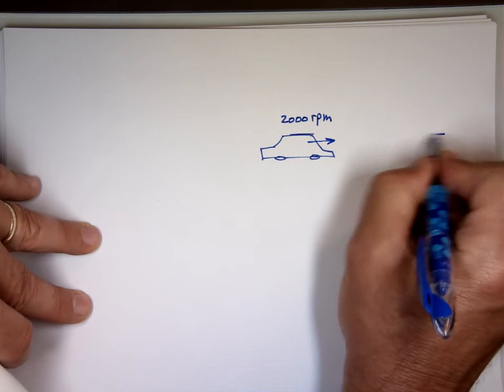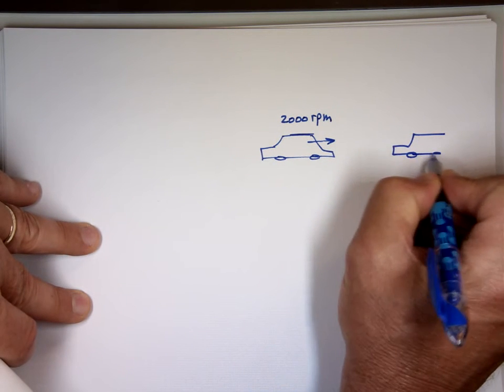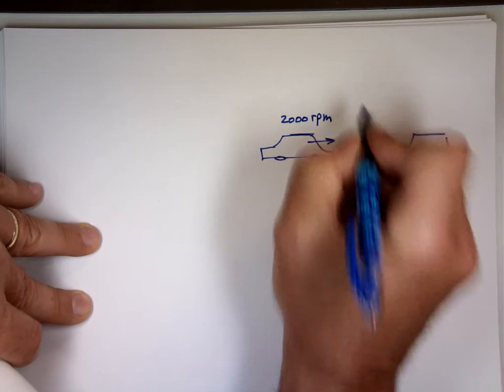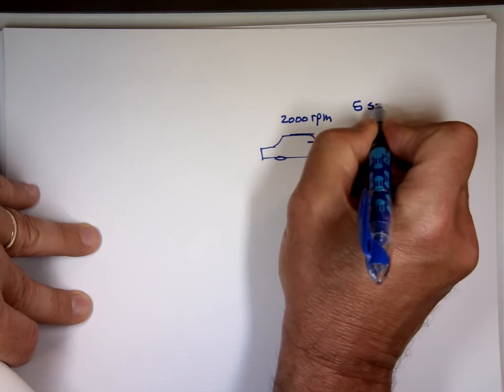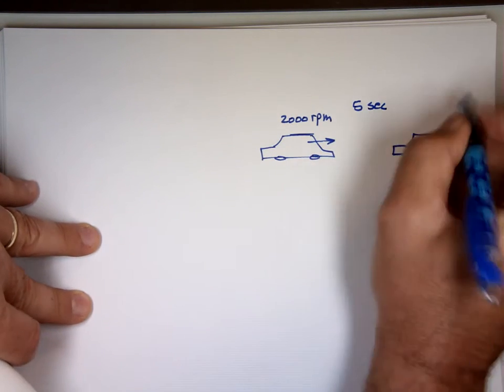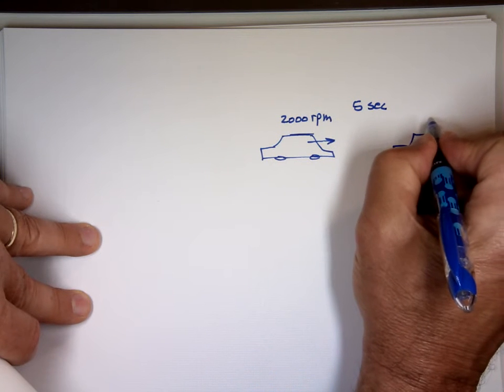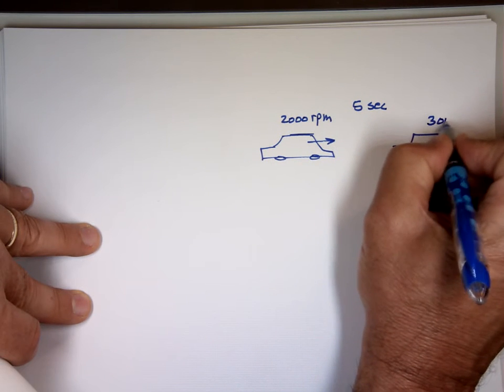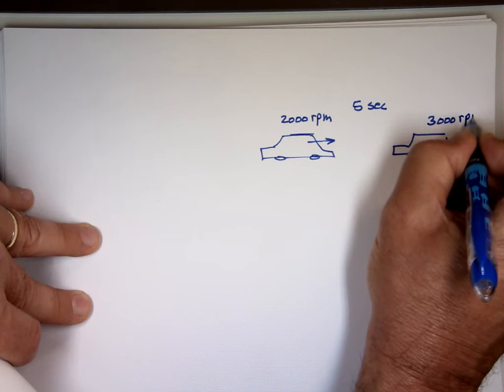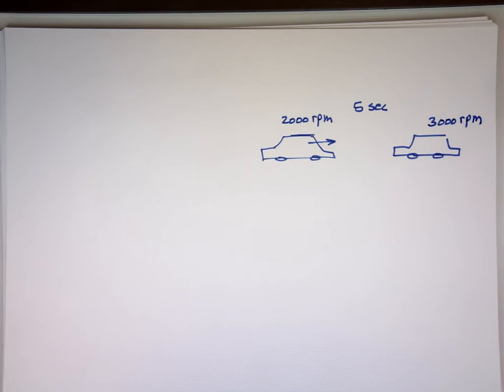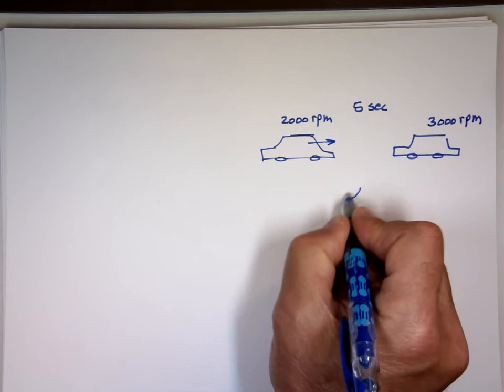You step on the gas, and after 5 seconds your RPM is, I don't know, 3,000 RPM. Can you find the angular acceleration?